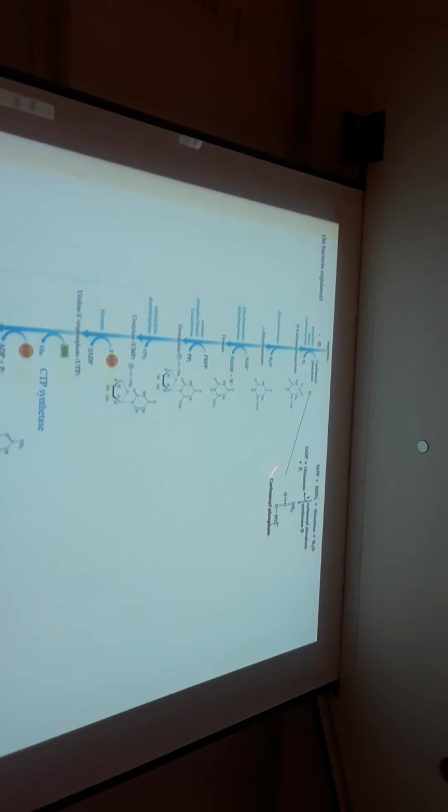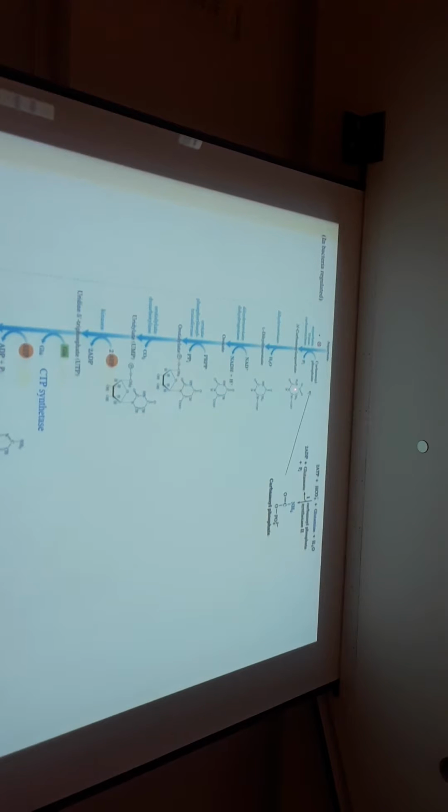So remember that in the urea cycle we had an attack of this carbon here, activated with cleavage of phosphate. Same happens here, but with aspartate. Not ornithine, but aspartate: the alpha amino nitrogen of aspartate attacks this carbon here and produces the carbamoyl derivative of aspartate, utilizing transcarbamylase.